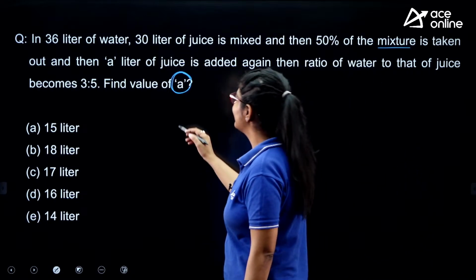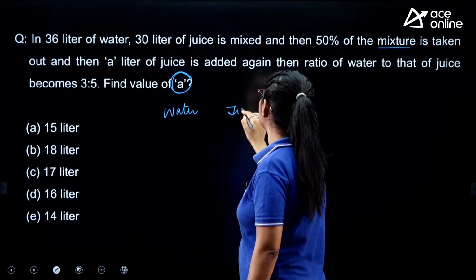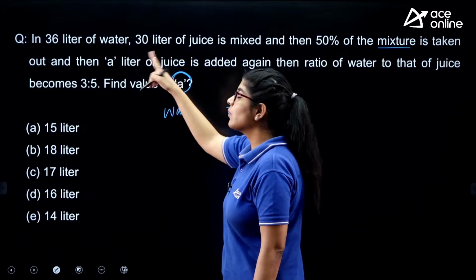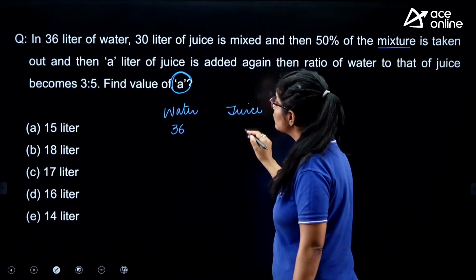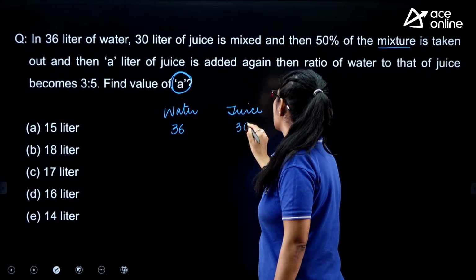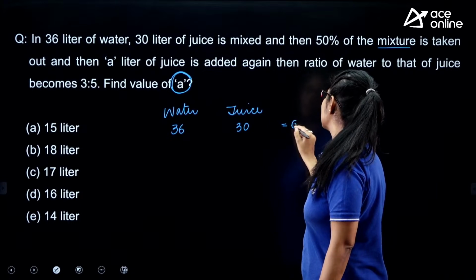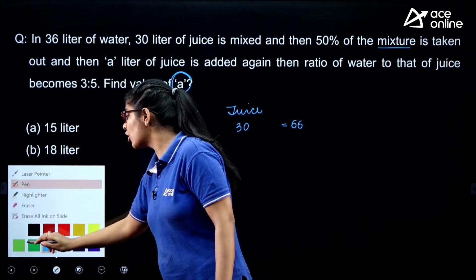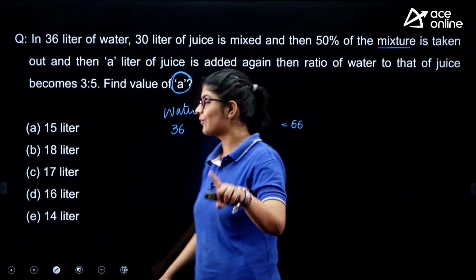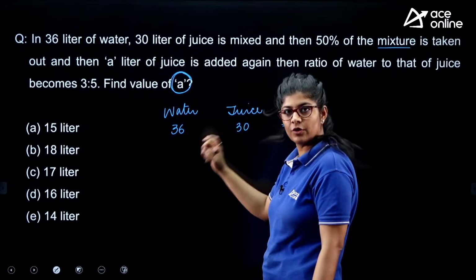Very good, Raghav. So the question is saying that initially we have water and juice. The quantity of water is given as 36 and the quantity of juice is given as 30. That means the total is 66. Now the question is saying that 50% of the mixture is taken out. That means 50% is taken out of the water, and the same for the juice.